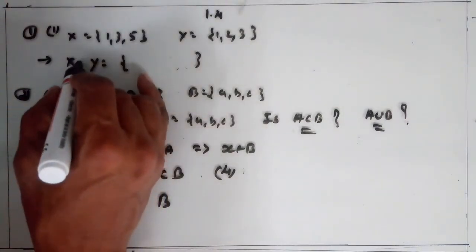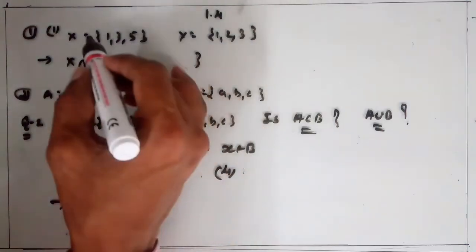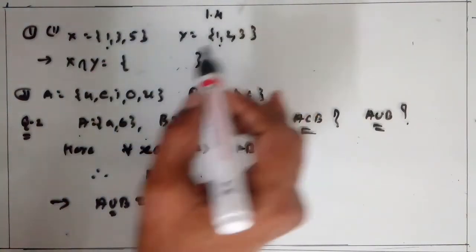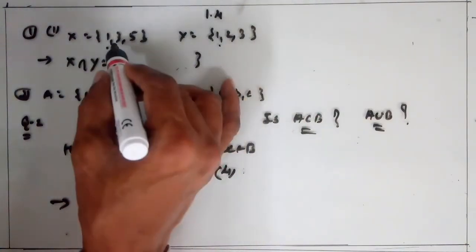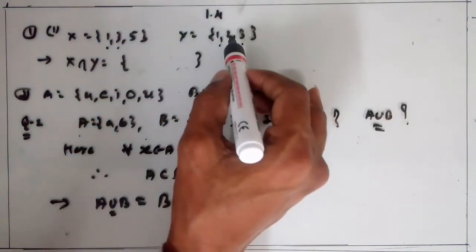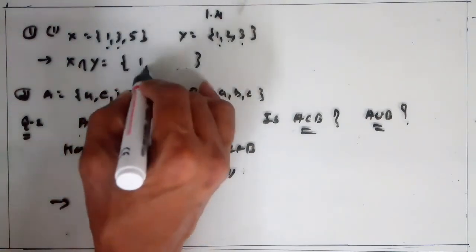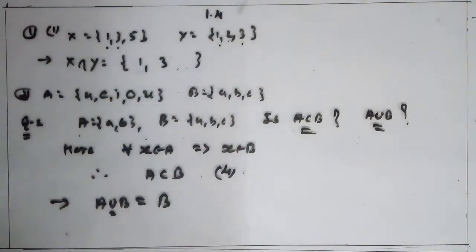X intersection Y is the set of all common elements of both X and Y. Here 1 lies in both, 3 lies in both, 5 only in X, 2 only in Y. So the common elements are only 1 and 3. So this becomes the intersection of X and Y.